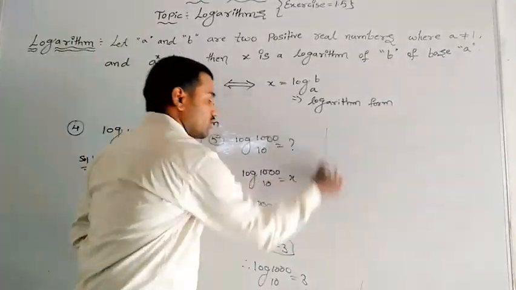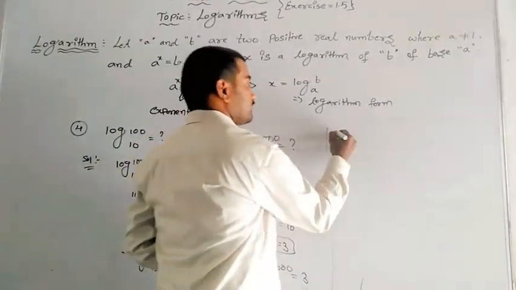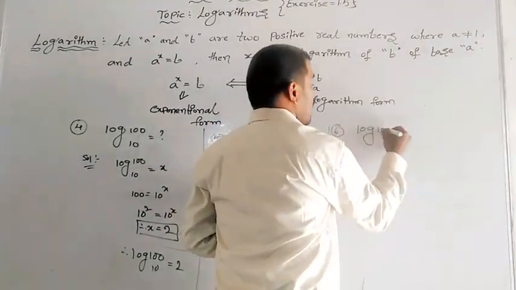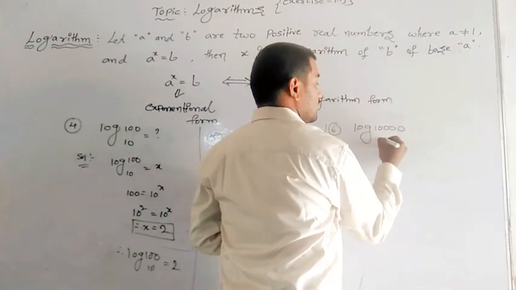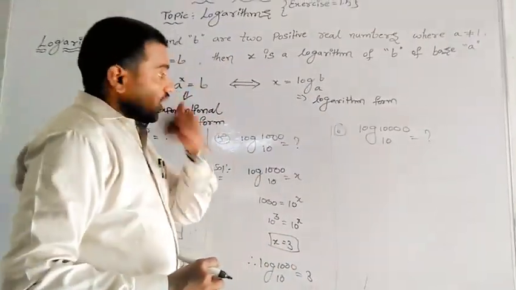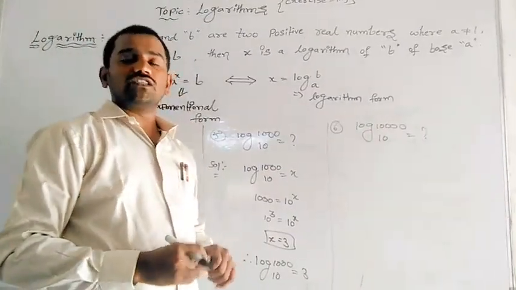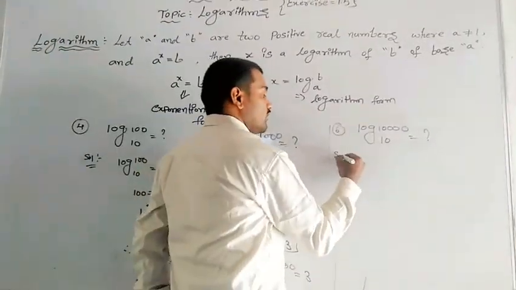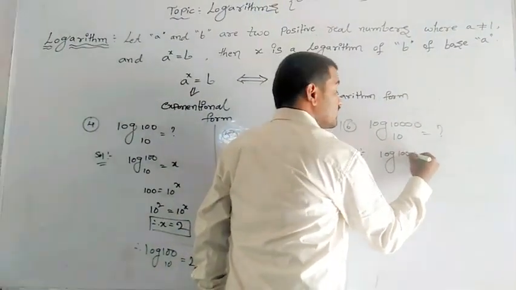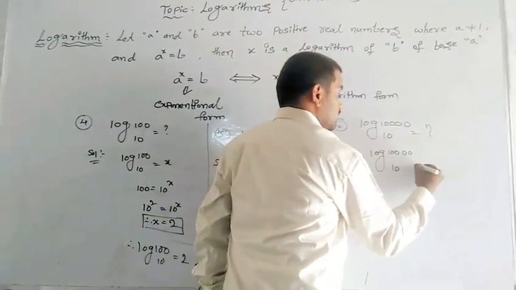So let's take one more question. Now as we can guess, what is the value of log 10,000 of base 10? Yes, here you can tell that the value of log 10,000 of base 10 is 4. Let's go through it once. You are getting both, but this will give us a lot of information.